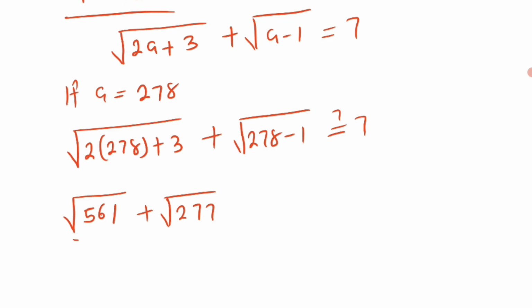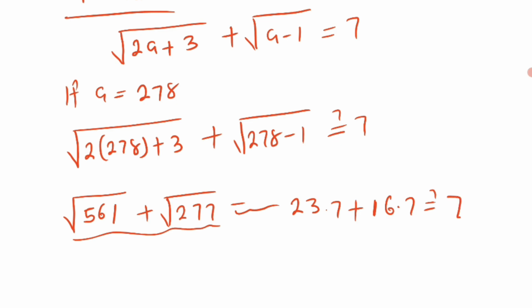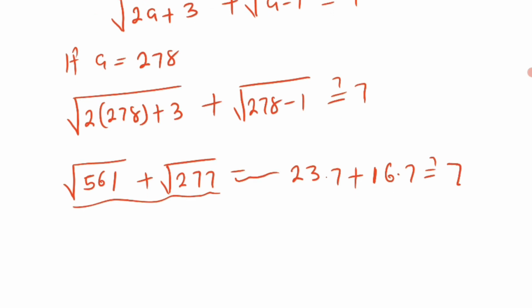And if you express this, this is approximately equal to 23.7 plus 16.6 must be equal to 7. But as you can see, if you add these two together, this is not equal to 7. So this is rejected.